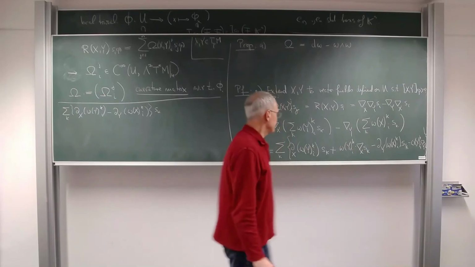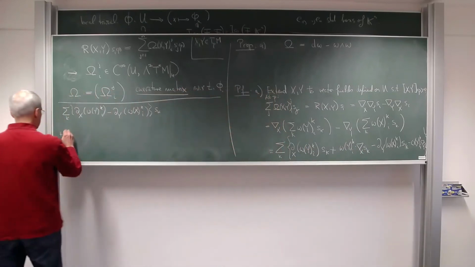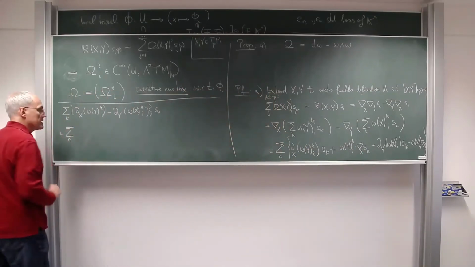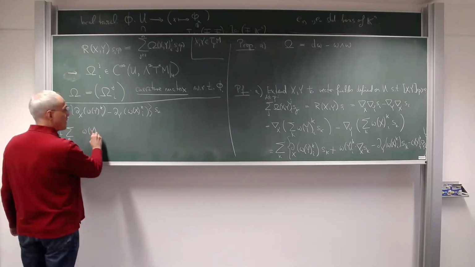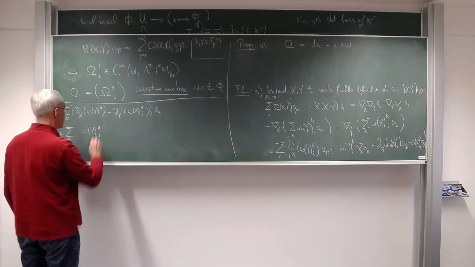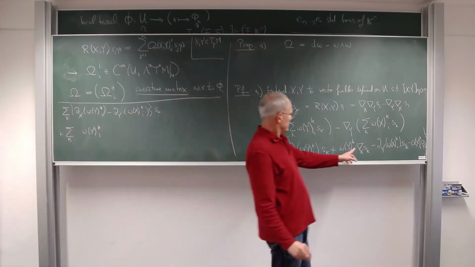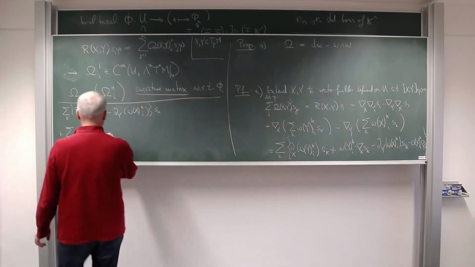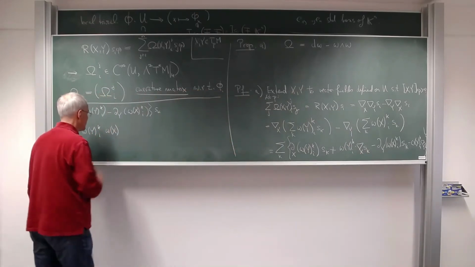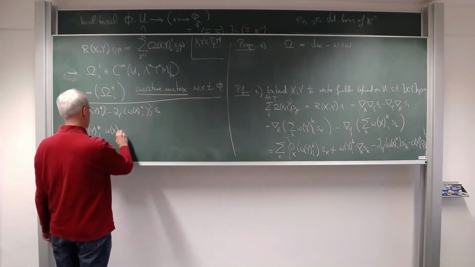And for the second and the last term, I have to repeat this procedure and again insert the definition of the connection form. Then this gives me the sum over k, and let's start with omega of y ki, and now I have to replace the covariant derivative of sk with respect to x, which gives me an omega of x, and here we have k.